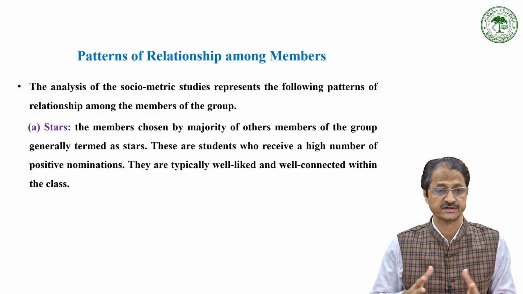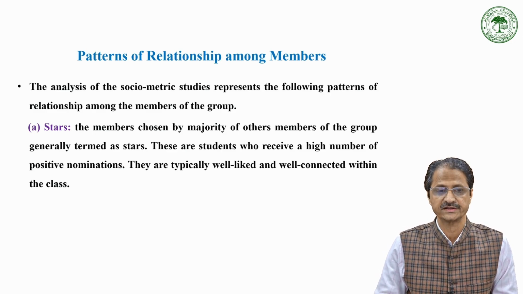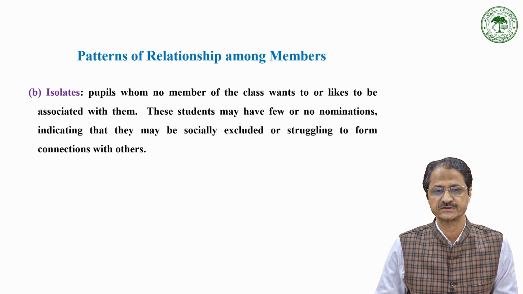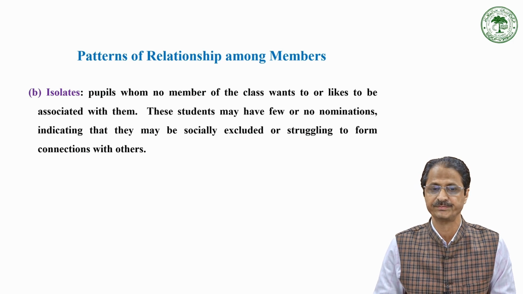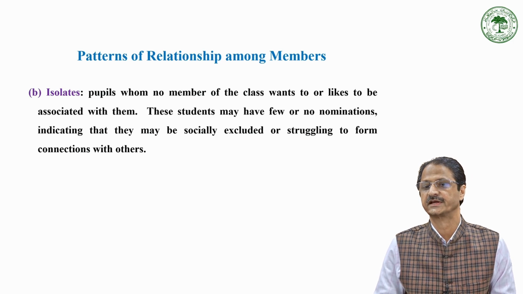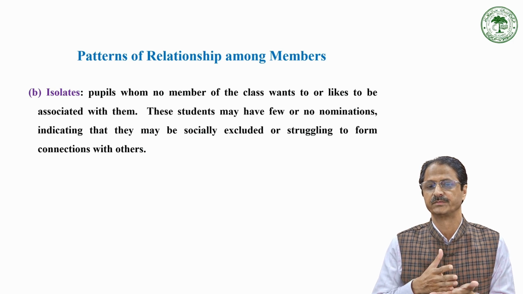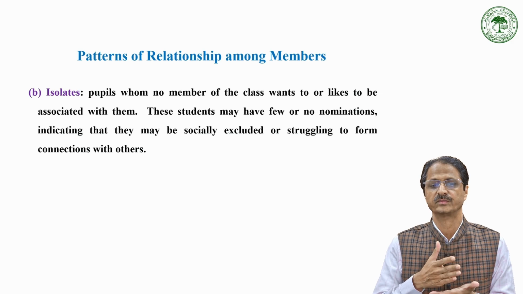So now the question arises, why are people nominating them? They are the stars. Another is the isolate, a pupil whom no member of the class wants to be associated with. These students may have few or no nominations, indicating that they may be socially excluded or struggling to make connections with others.